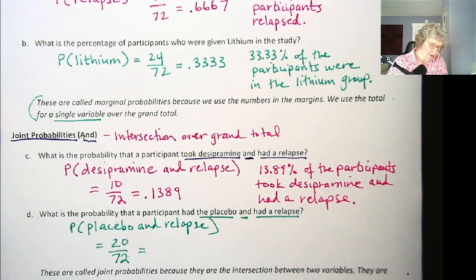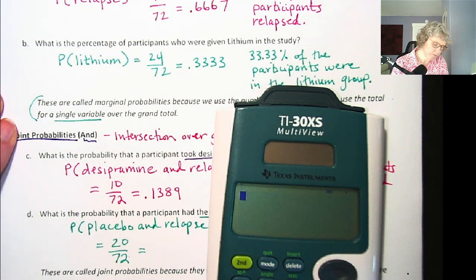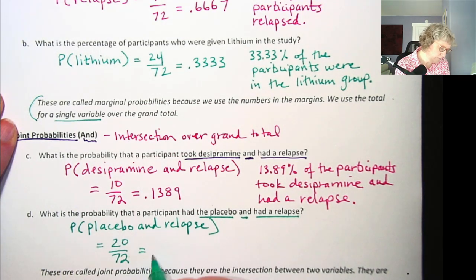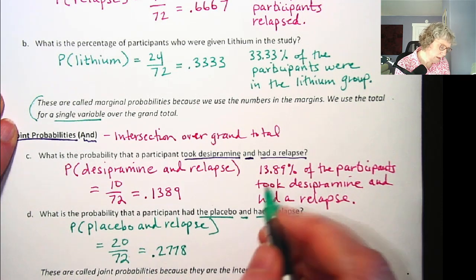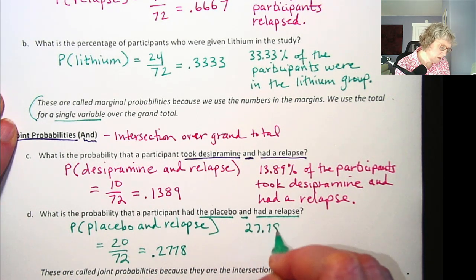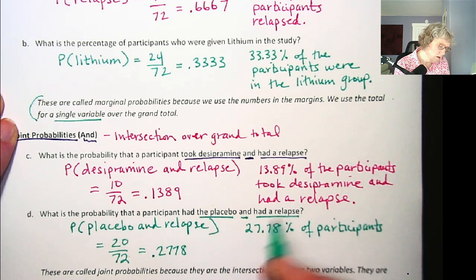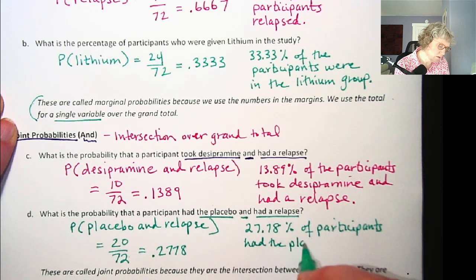Okay, it should be double what our last one was. 20 divided by 72 is 0.27777, so it'll be 0.2778. 27.78% of participants had the placebo and had a relapse.